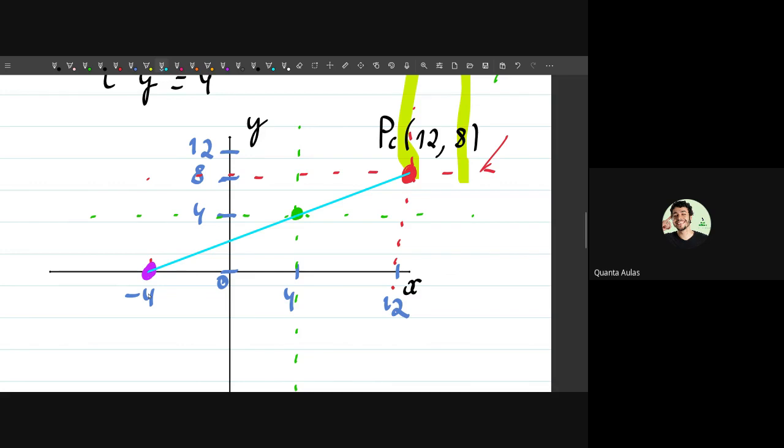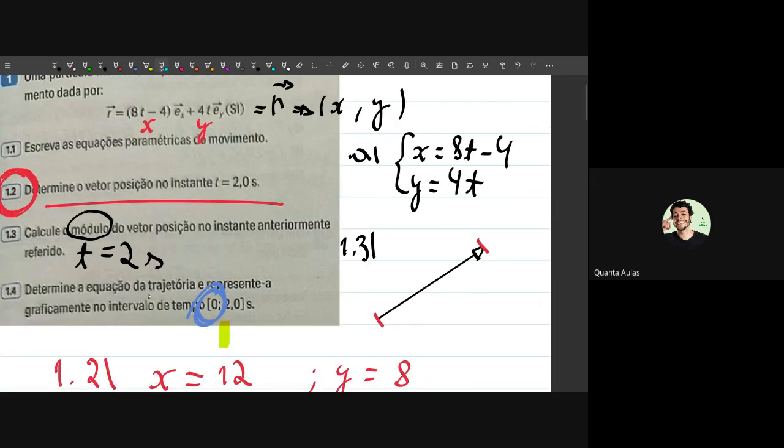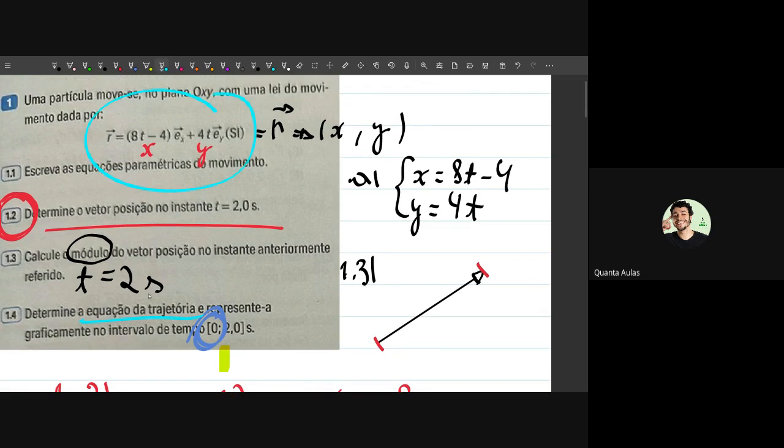I really don't understand what the question says about determining the path equation, because we have two path equations. We have this one and the parametric form too. So we have a lot of equations, and we don't need another one, okay?